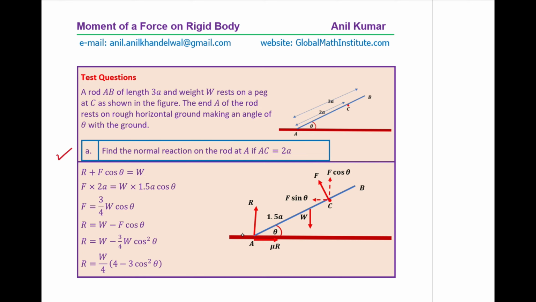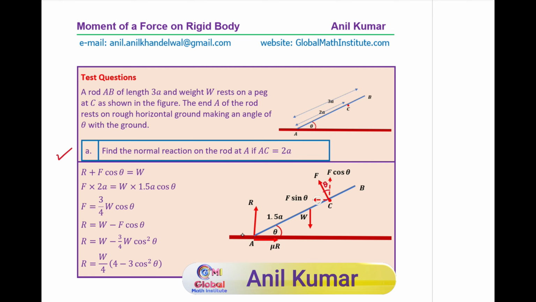So as discussed, what I've done here is resolve the forces at C. The force F is now resolved into F cos theta and F sine theta, theta being the angle which the rod makes with the horizontal. Perfect. So these vertical and horizontal forces represent F as such.